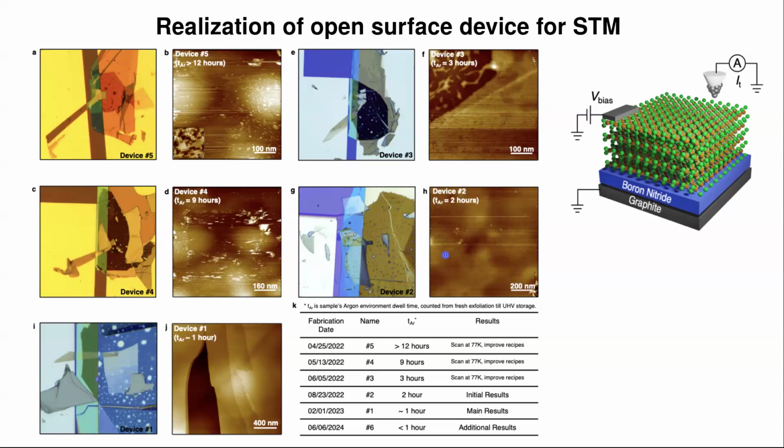The crucial difference between cleanliness of the samples and suitability for STM studies turned out to be the time frame from depositing this very air-sensitive iron selenium telluride flake in a glove box, when the clock starts, until the sample is in the STM chamber. If you keep this time frame within about 1 hour, you can find very clean regions on the sample and perform the measurements that I'm going to tell you about.